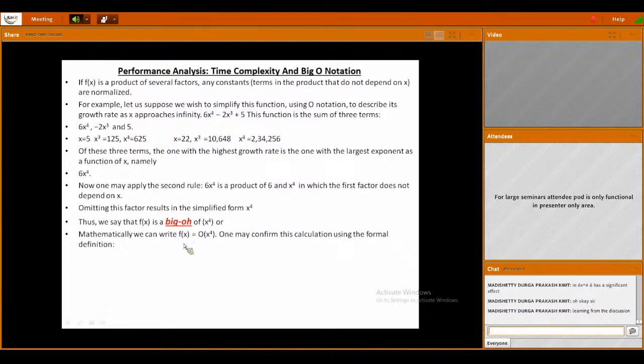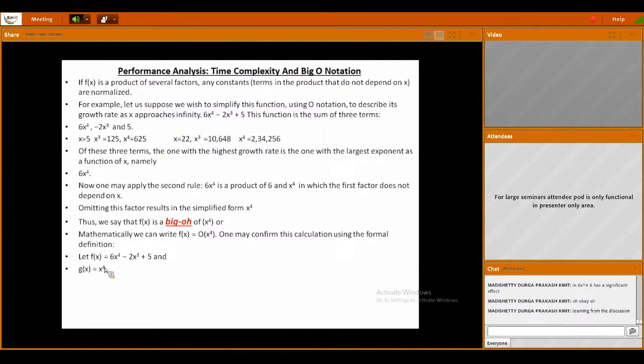The first function f(x) has been converted to another function. One may confirm this calculation using the normal definition. f(x), basically we started with this, which we have converted to another function called g(x).